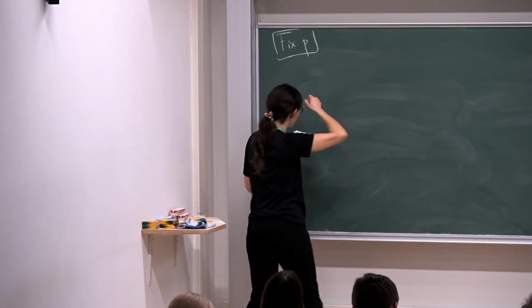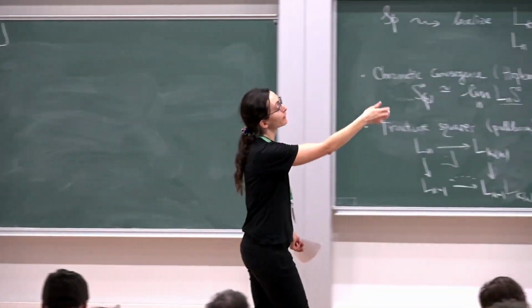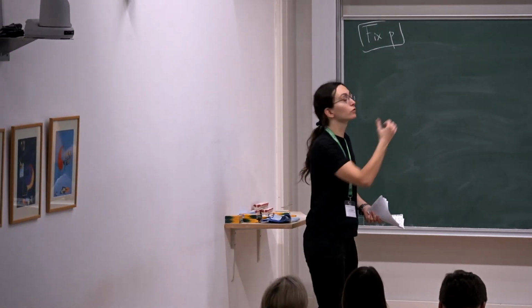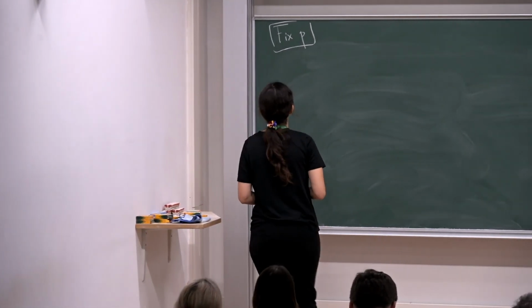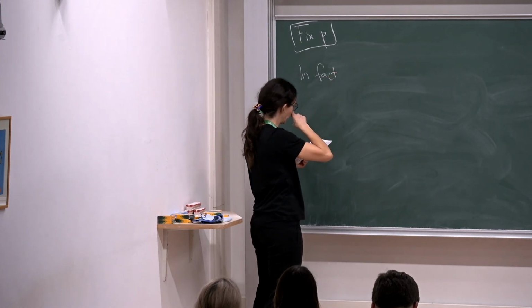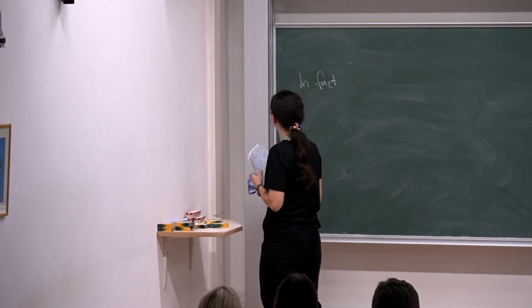Okay, so there's the Galois-ness of this extension. In fact, it makes it stronger than what I've just said. So in fact, okay, well, p is already fixed. So let's not get confused about that.